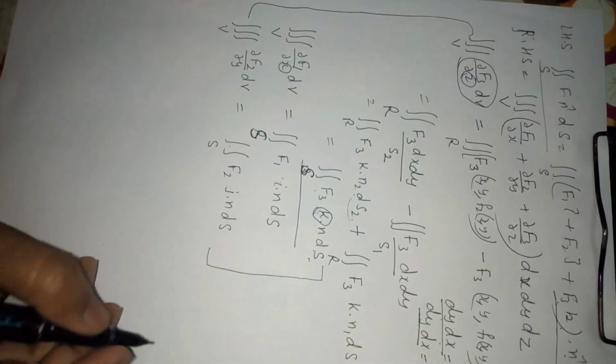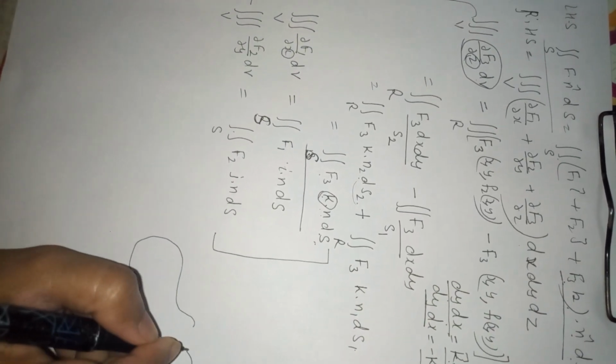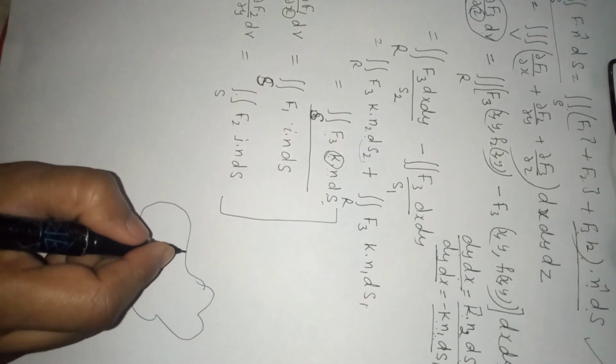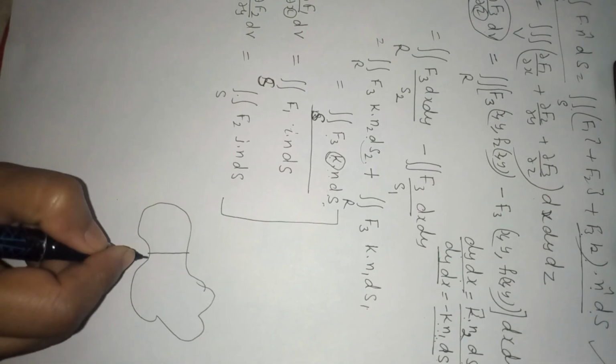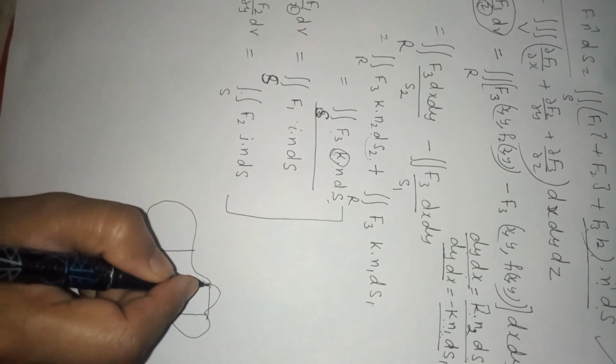This is the first part. Second part, if you have many surfaces, then we first divide the surface by drawing parallel lines.